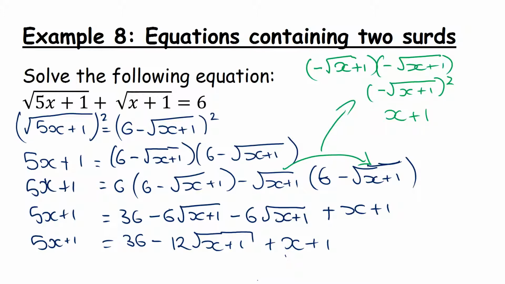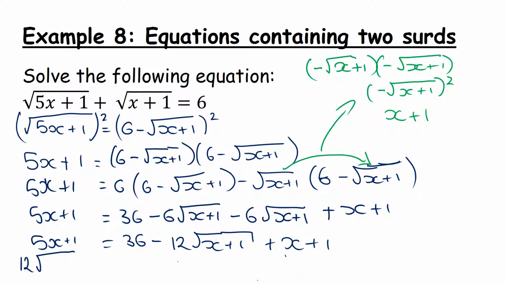So now I want to basically repeat the process. I want to get the surd on its own and everything else the other side of the equals, and then I'm going to square and then solve. So when there are two surds or two square roots that appear in the equation, we just basically have to run through our method twice rather than once. So let's see what that looks like for us.